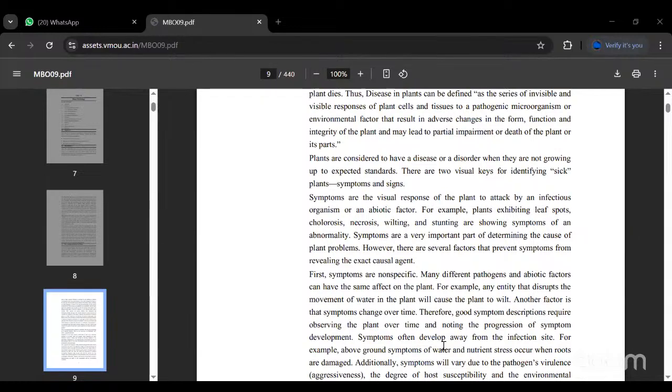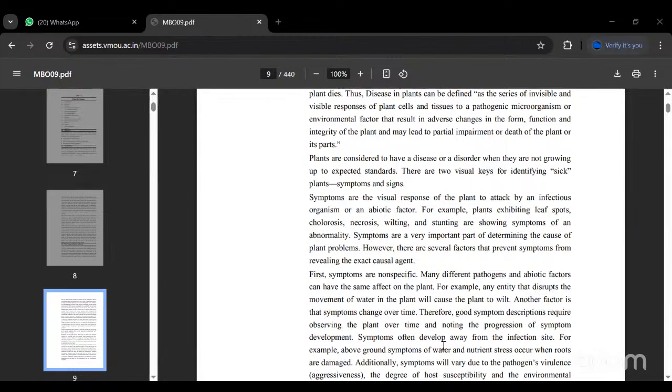There are two visual keys for identifying a sick plant. The first one is the sick plant itself. The second one is the symptoms and signs. The symptoms are visual. You can observe the symptoms when diseased plants are there.